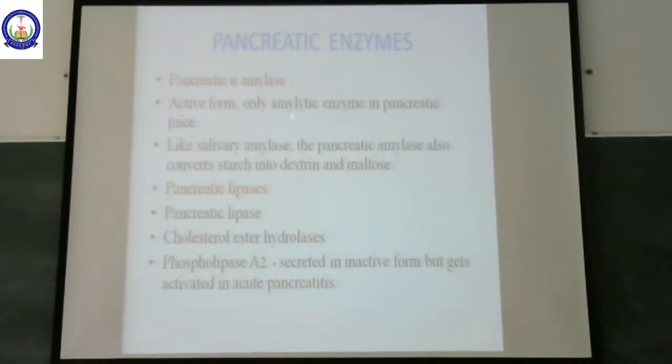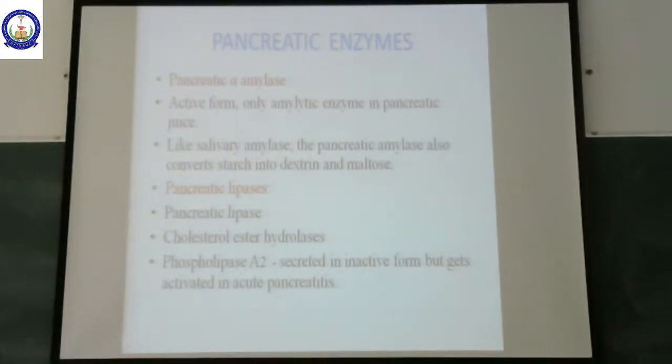This is the only amylolytic enzyme present in the pancreatic juice. Just like salivary amylase which is secreted in the mouth, pancreatic amylase also converts starch into dextrin and maltose.